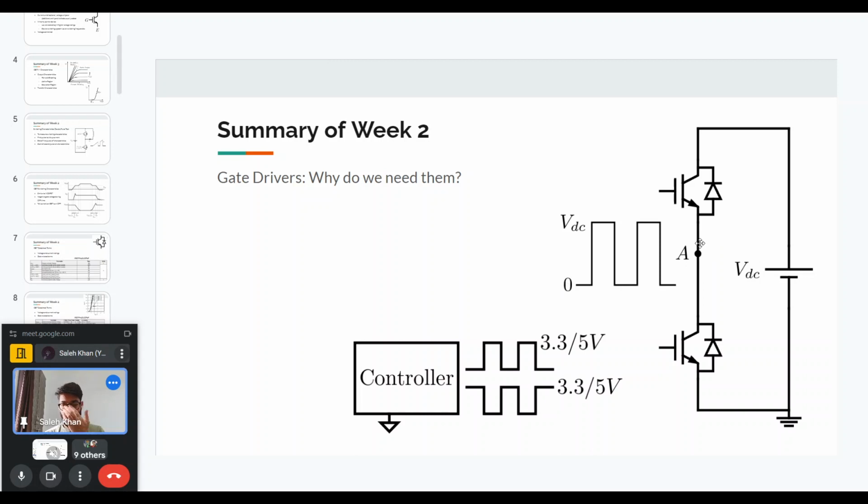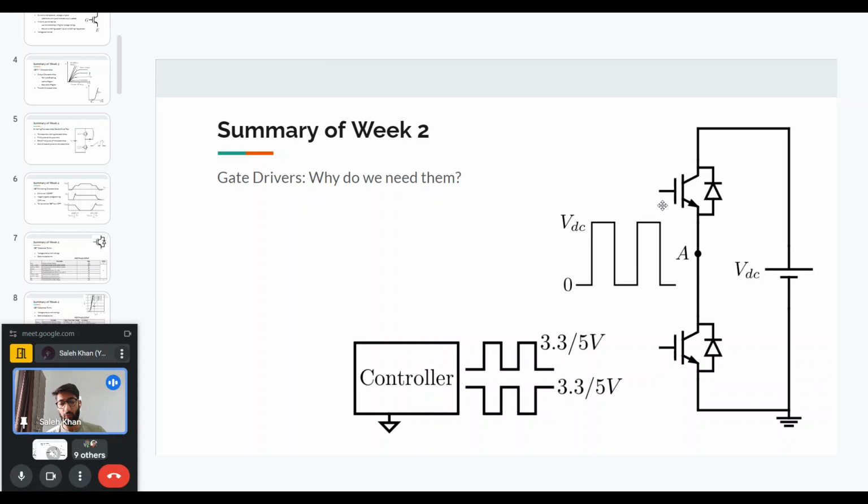And this A point, as we see, is the emitter of the high side switch. So the gate emitter voltage will also vary. It should vary with respect to this A point voltage. That is why it is called a floating voltage. The voltage A is floating because it is not fixed, or it is not the ground voltage. And if we want to provide the gate pulses to the top device, we have to provide it with respect to this floating voltage.